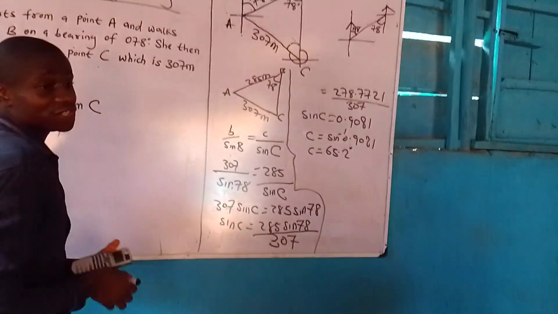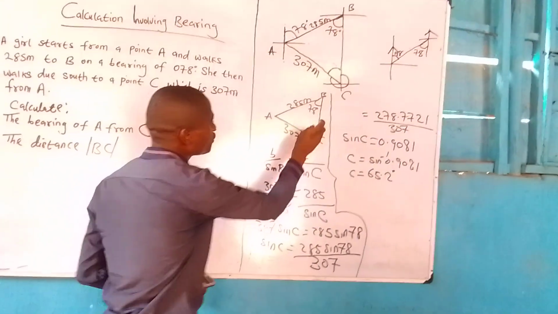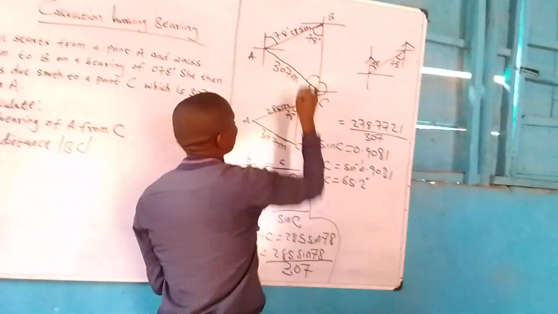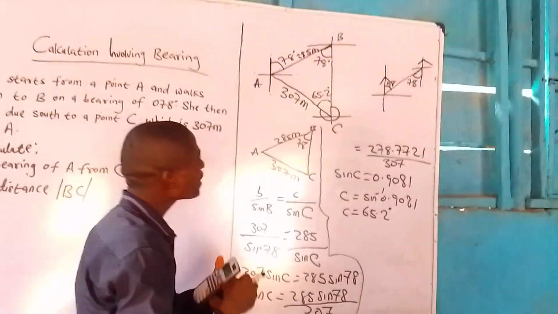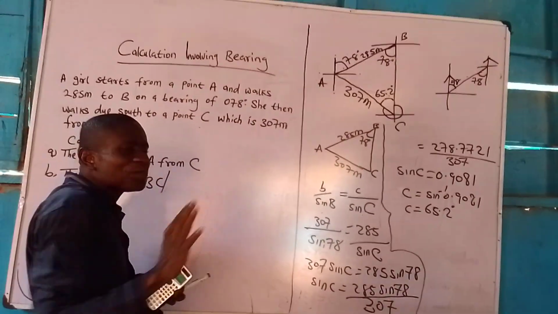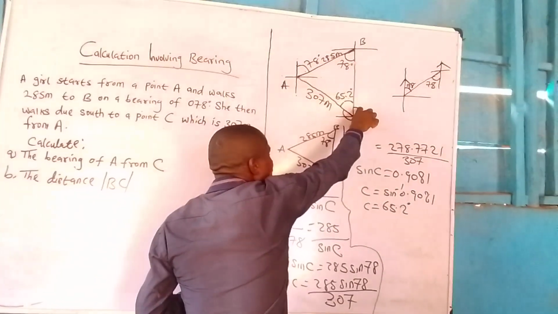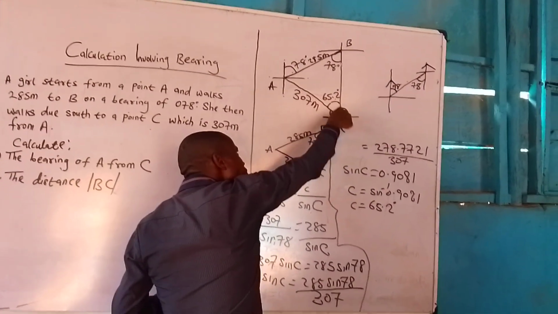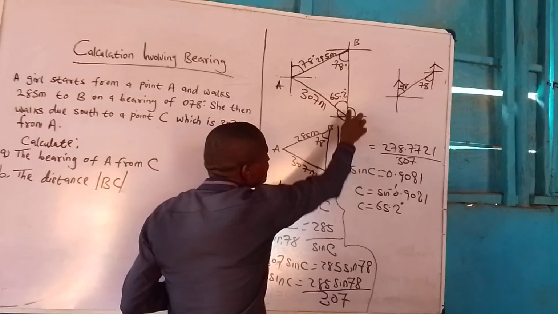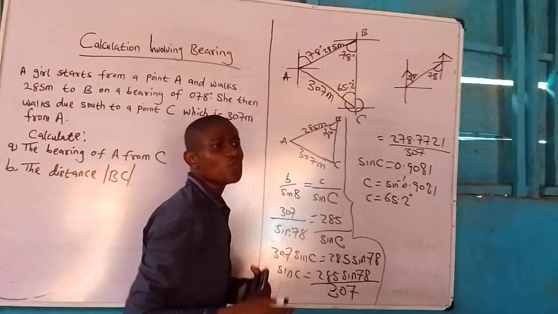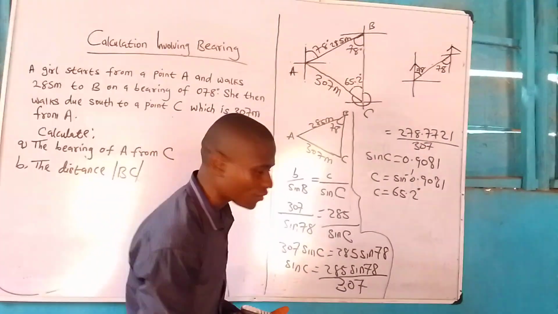So we have not finished though. We have just gotten the angle that's supposed to be here, which is this angle, 65.2 degrees. Now we can find our bearing very simply, because the sum of angles at a point is equal to 360. If we minus 65.2 from 360, it will give us the remaining angle, which is the bearing we are looking for, right?